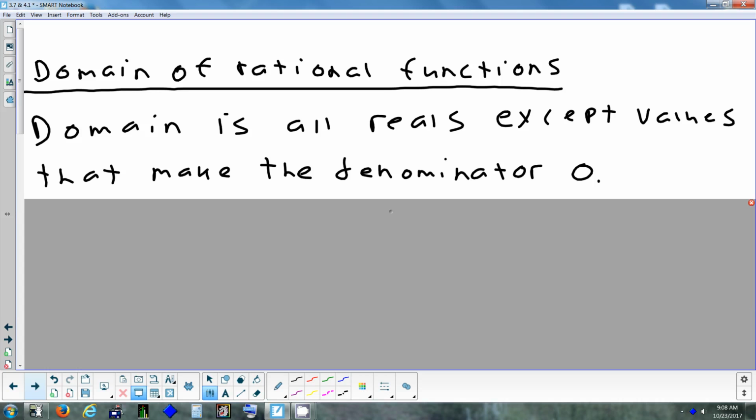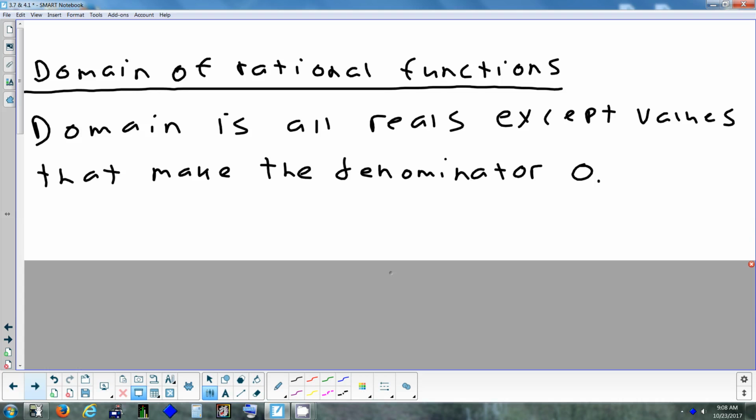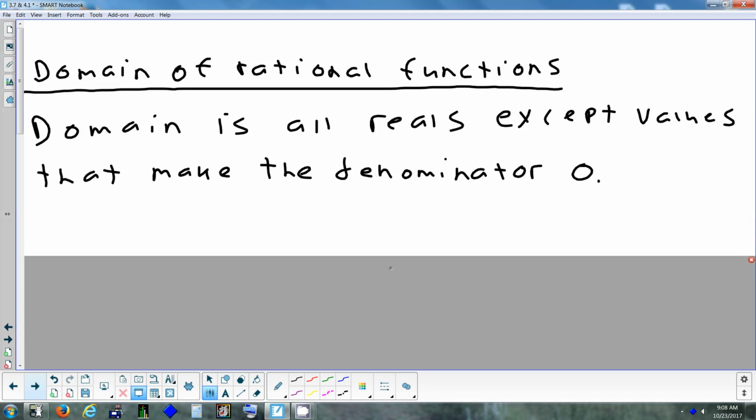Okay, so domain of rational functions. It's not really super complicated to explain. It's basically any number that doesn't make the denominator 0. It's the only thing you got to be careful about. Do not make the denominator 0. Okay, range, we'll talk more about that, but that's a little trickier.